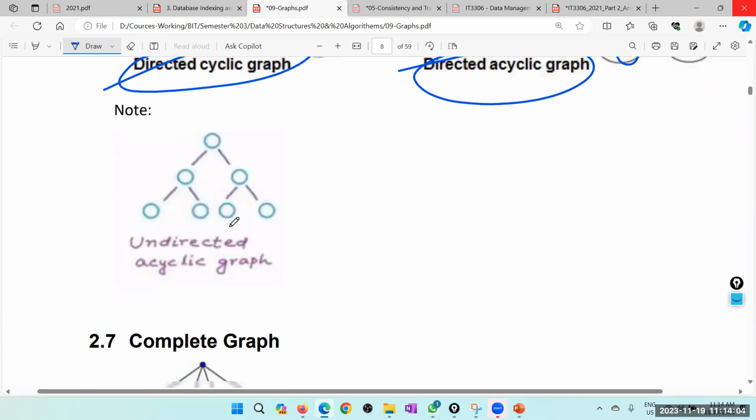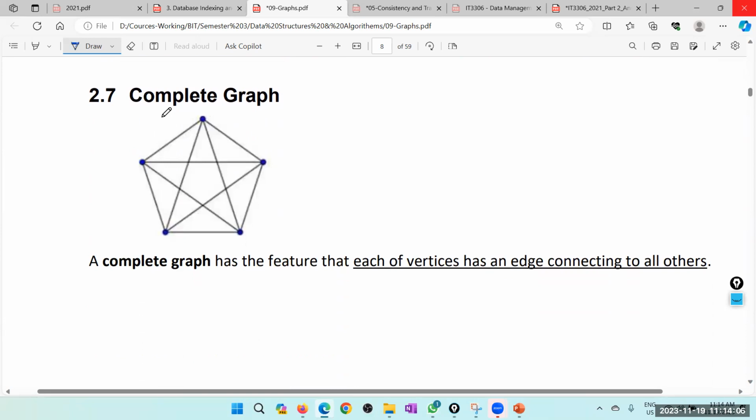So the next concept is the complete graph. A complete graph is a very special graph where each node is directly connected using a single edge to each other node. You can see this is connected to this using a single edge, to this using a single edge, and to this using a single edge. And it is true for each and every node. So then we say it's a complete graph.